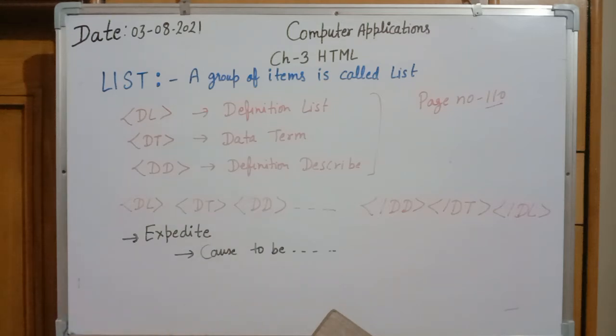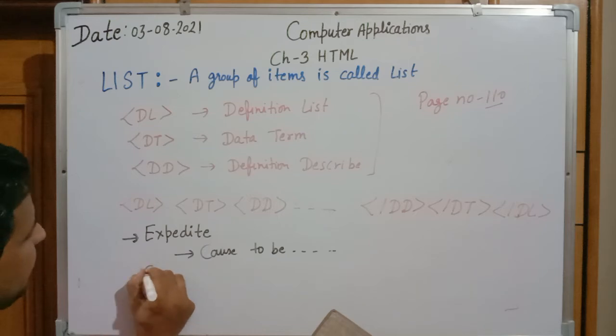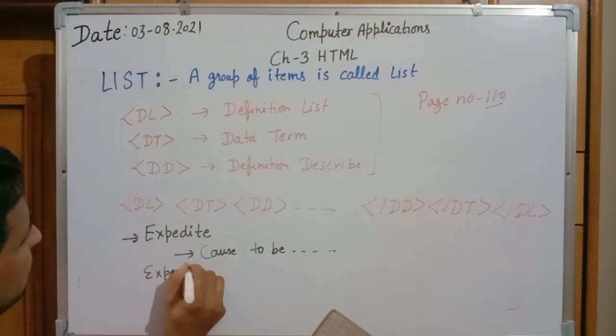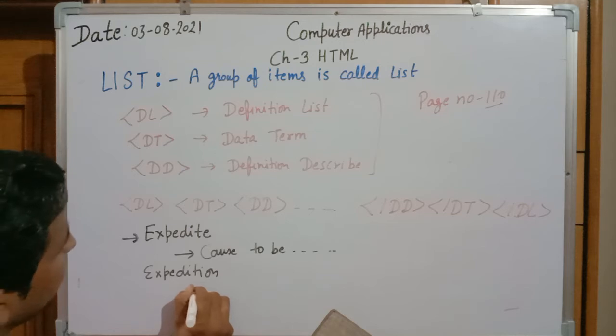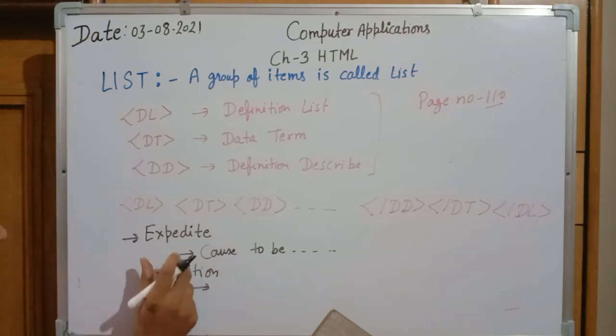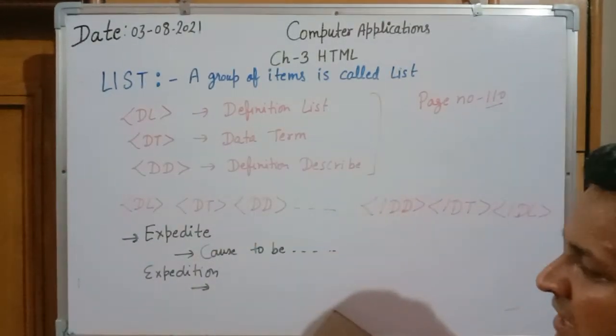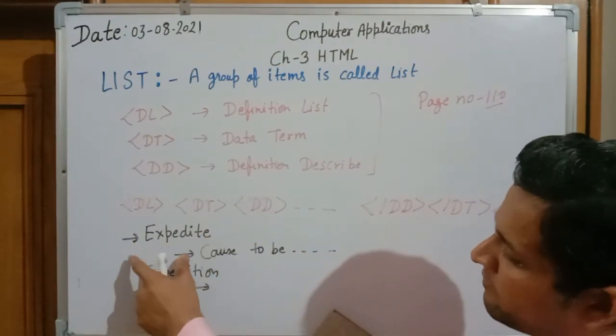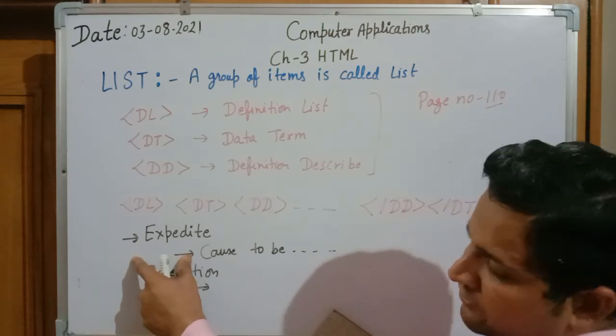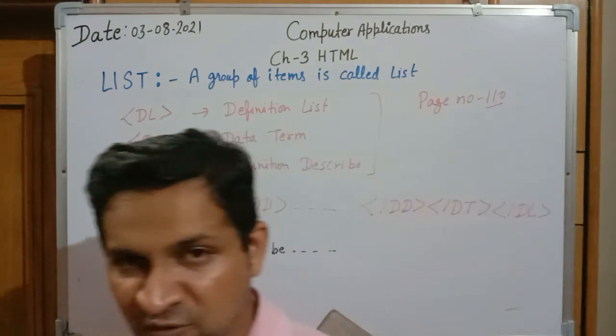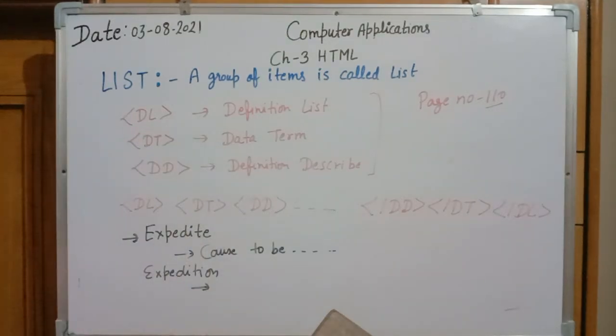Again, they have taken another definition term, expedition. Second term is expedition, and again a definition is given. It will be given after some space from this term. It is like writing a definition in a book. The term will be given. On the next line, after giving some space of 5 to 7 characters, it will start. It is the concept of the definition list.